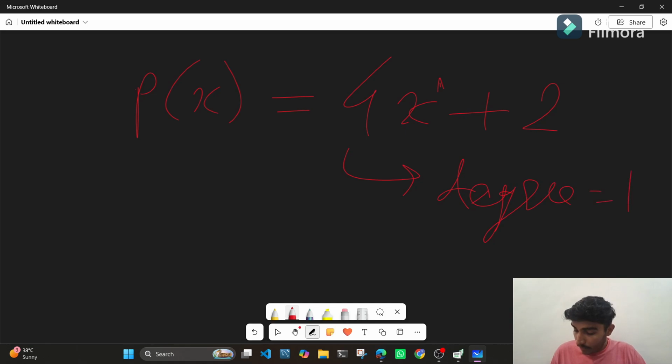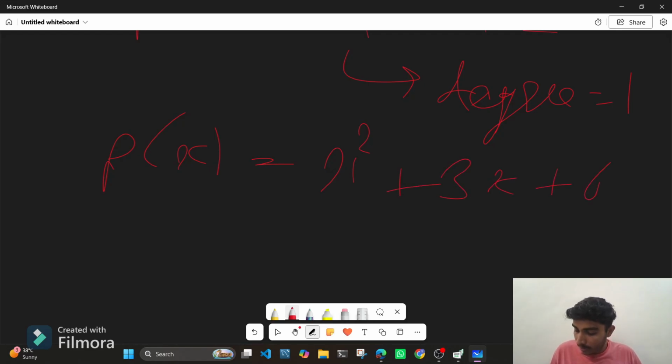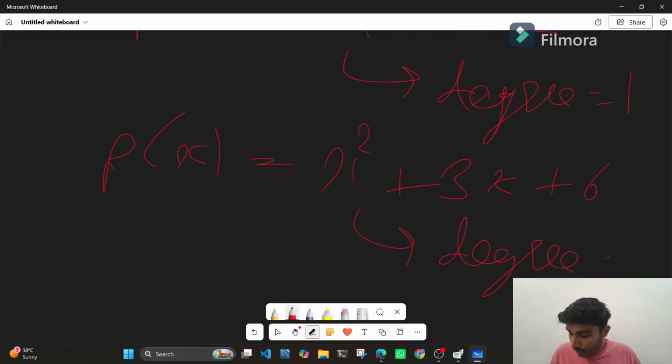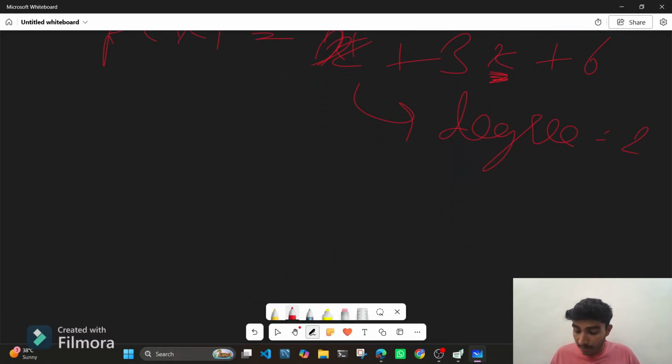If I had written p of x is equal to x square plus 3x plus 6, then the degree would have become 2, because the highest power of x in the given equation is 2. Here also there is x, but its power is 1, and here its power is 2. We need the highest power.